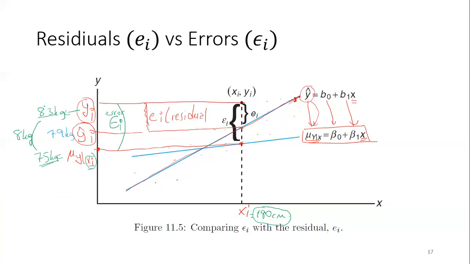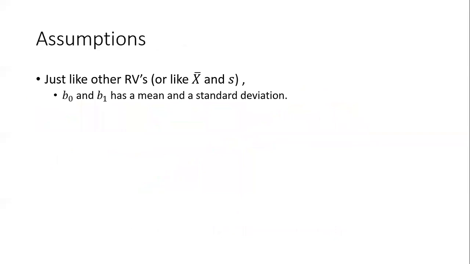So the residual here is 4 kilograms. This is the main difference between the residuals and the errors. And again, the problem is that we don't observe the errors, we only observe the residuals.